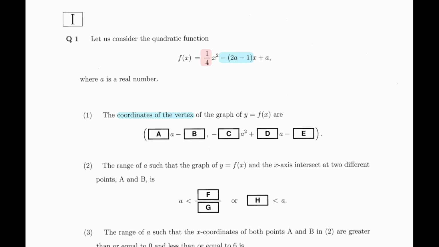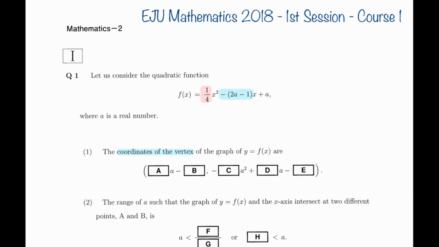So x equals minus b over 2a. This is b, and 1 over 4 is a.